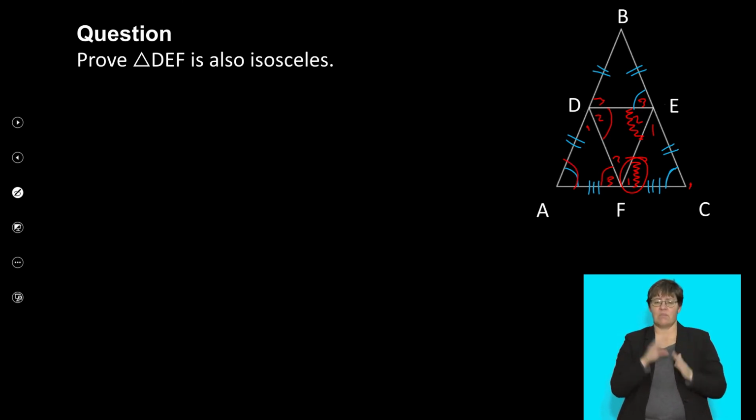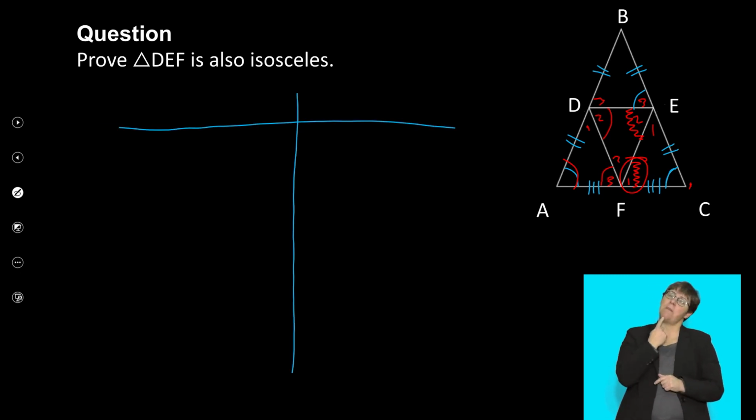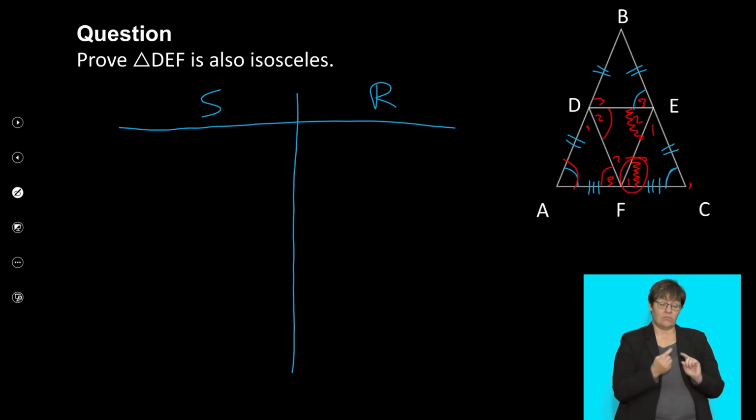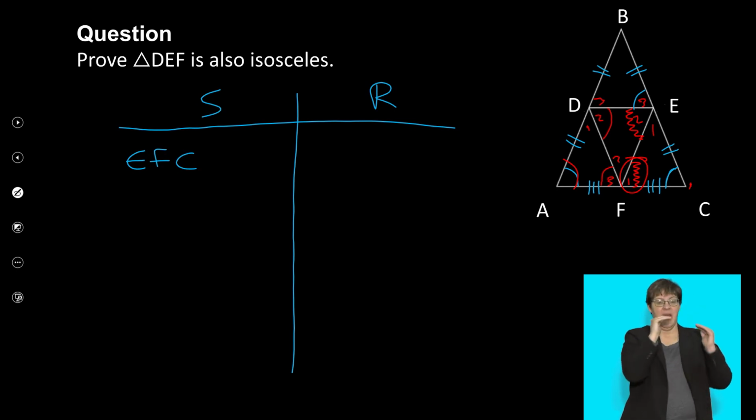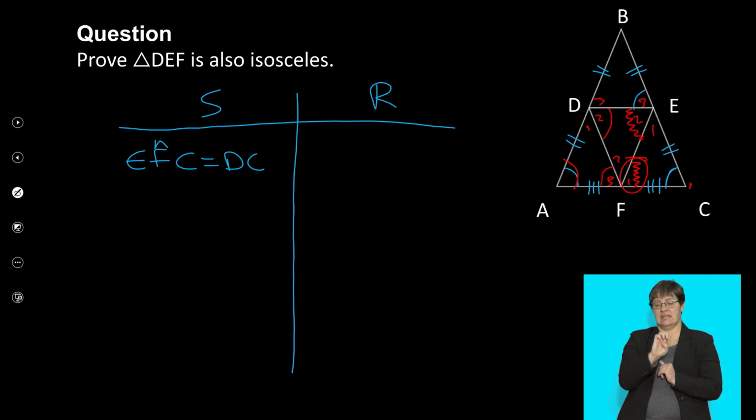By the way, let me just write all of this down so that it does not confuse you, because I'm saying a lot of things. So firstly, I'm going to start by saying, I know that angle EFC is equal to angle DEF, right?